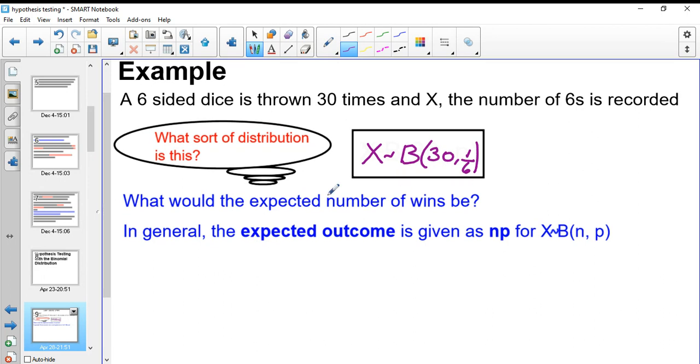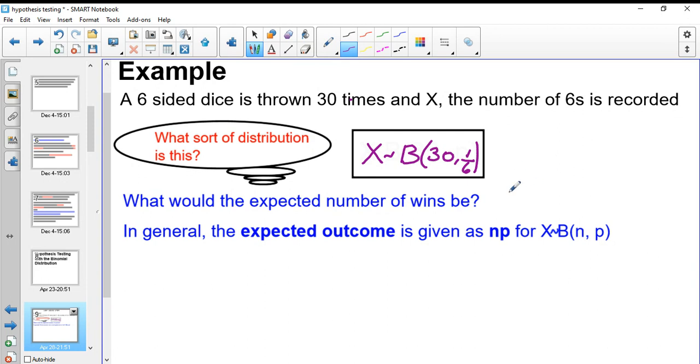Now then, if you threw the dice 30 times, and in order to win, let's say it's a game, and in order to win you needed to get a 6 or some 6s, what would be the expected number of wins? So if you got a 6, then in 30 throws you would expect to get 5 sixes.